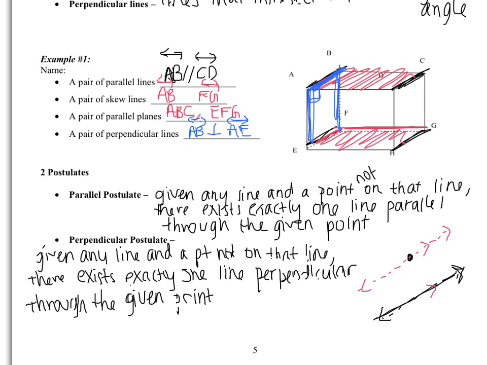So in this example again, if we keep the same point and the same line, there's going to be only one perpendicular through that line, or through that point. Okay, so let's move on to page 6.